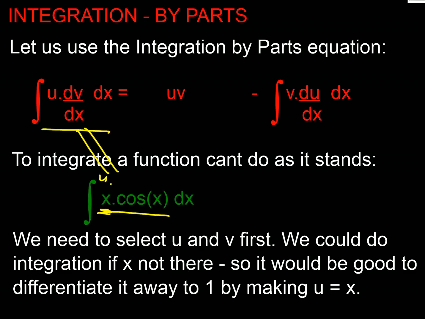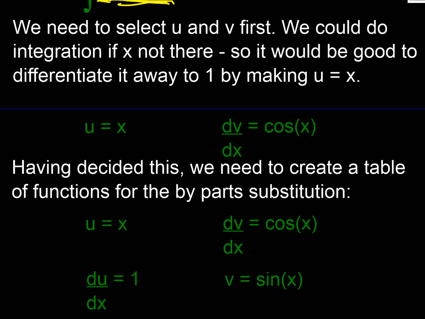And if we make that equal to u, so it goes away when we differentiate it on the right-hand side, that means that our dv by dx must be cos x. And we can probably integrate that, can't we? Because we know how to integrate and differentiate trig ratios. So therefore u equals x and dv by dx equals cos x.